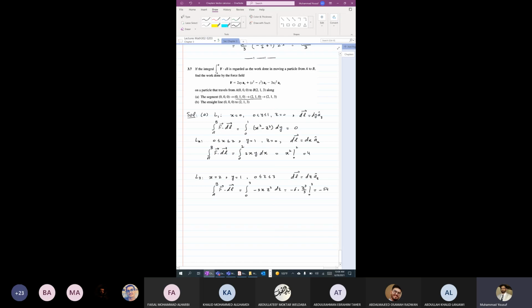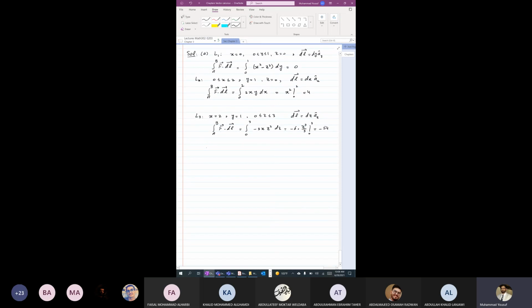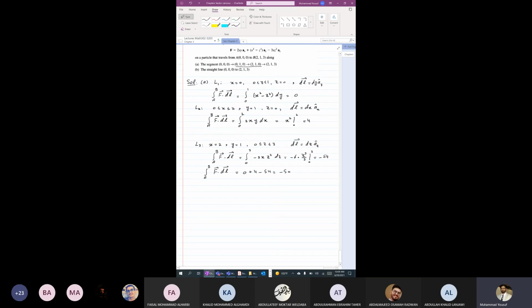This is equal to 4. So the overall answer from the integral from a to b, f dot dl, is 0 plus 4 minus 54. So it is negative 50. Okay. I hope this is clear. If not, tell me, Shabab.